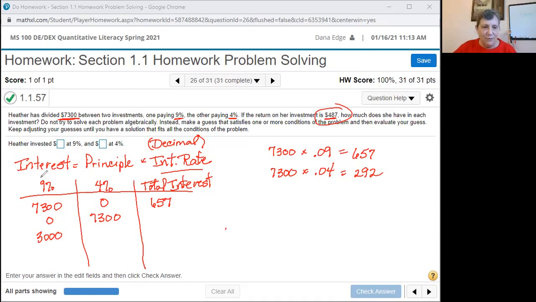Now remember, this is where we're making the guess. Once you guess at an amount in the 9%, that sets how much has to be in the 4% because they have to add up to 7,300. So if you've got $3,000 in the 9%, then you have to have 4,300 in the 4%, right?